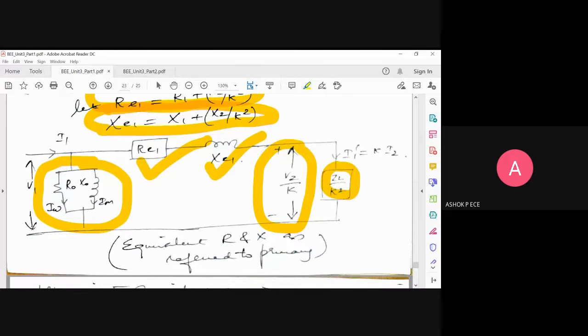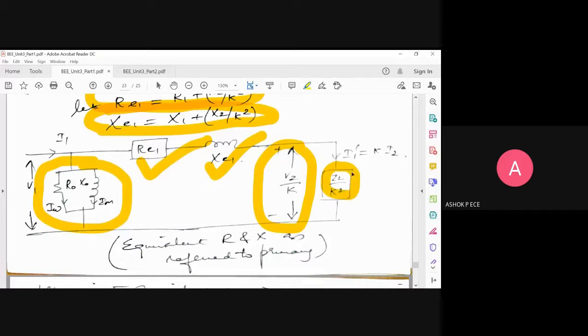The load can be resistance, or inductor, or capacitor. Very good. It can be a resistor with no phase shift, an inductor with lagging phase shift, or a capacitor with leading phase shift.